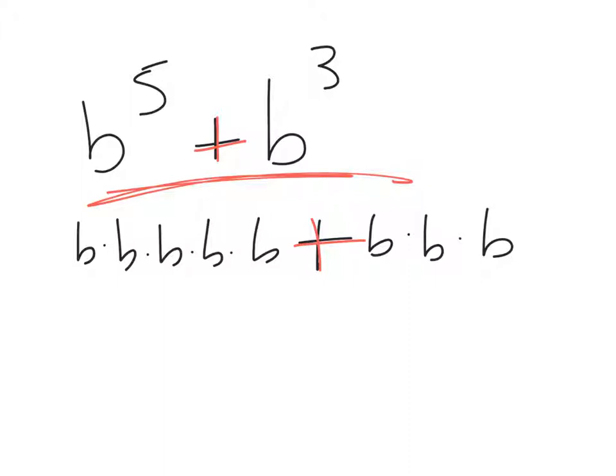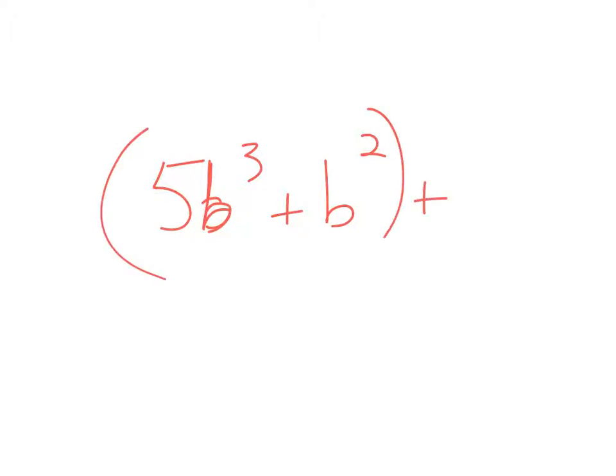So what I mean by that is, if I have, say, 5b to the 3rd plus b squared, and let's say that's a particular polynomial, and I'm adding that to 4b to the third plus 6b squared. So these are what's considered polynomials.